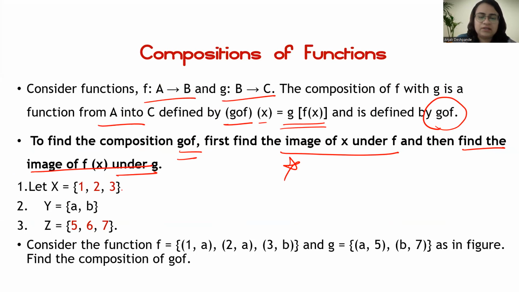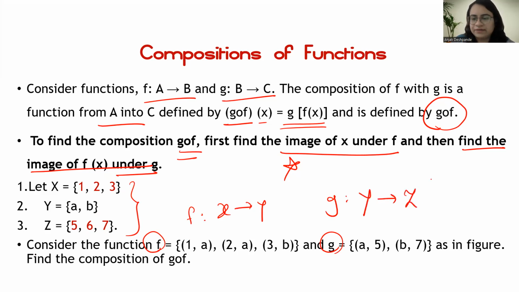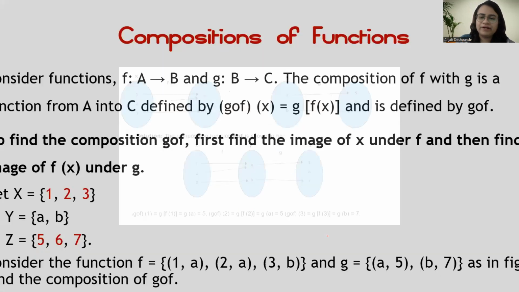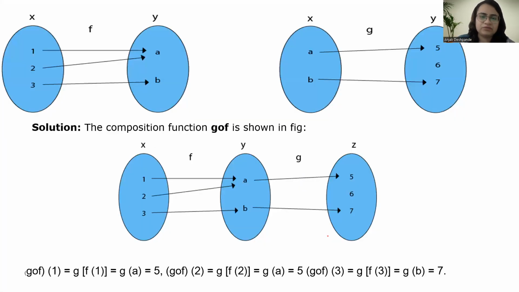So consider these three sets X, Y, Z. Function f is defined from X to Y and function g is defined from Y to Z. These are given. So we have to find the composition g o f. First I will take f and find the mapping in f, and then combine it with the mapping from g.